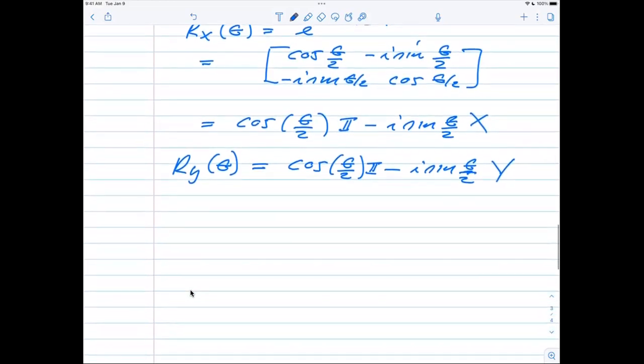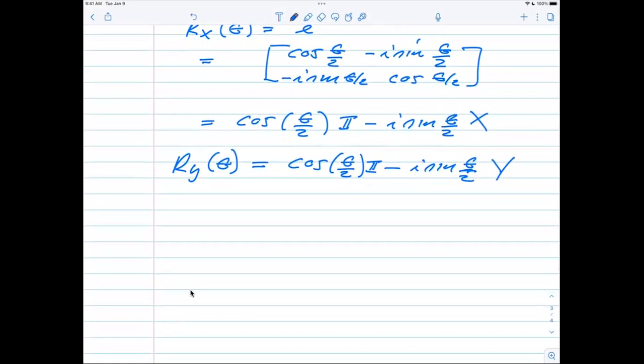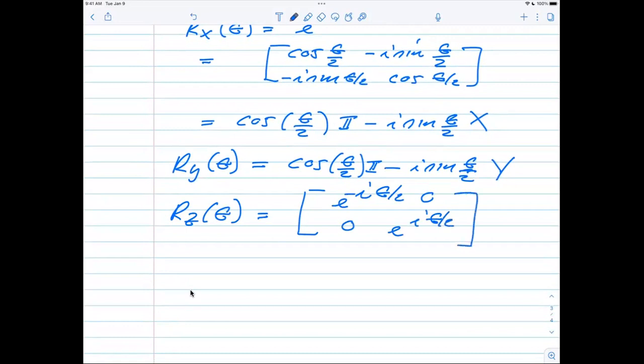And similarly, the Rz matrix is simply given by the following matrix: e to the minus i theta half, 0, 0, e to the i theta half. So these are important matrices because they are going to allow us to perform these rotations here.